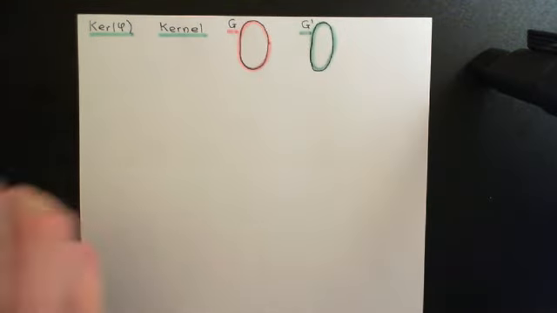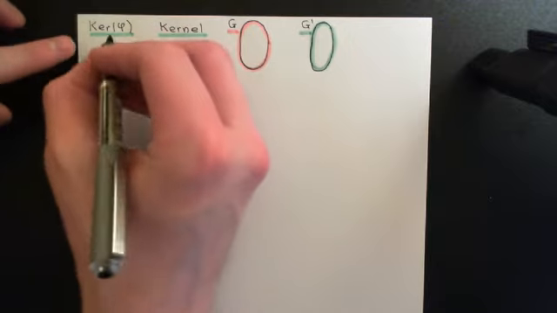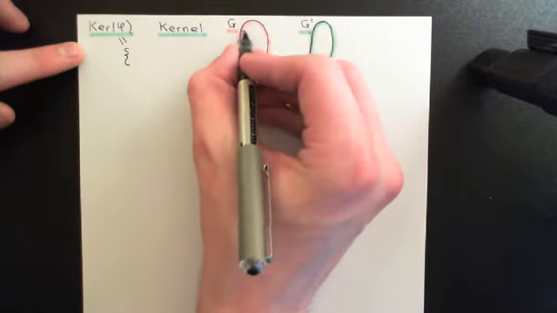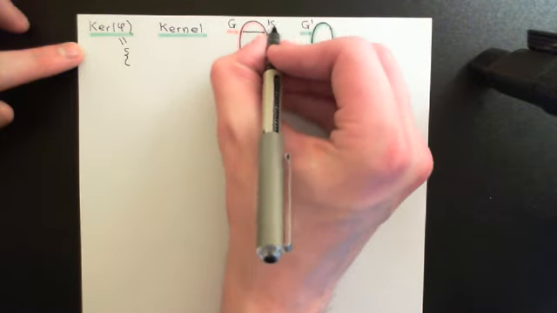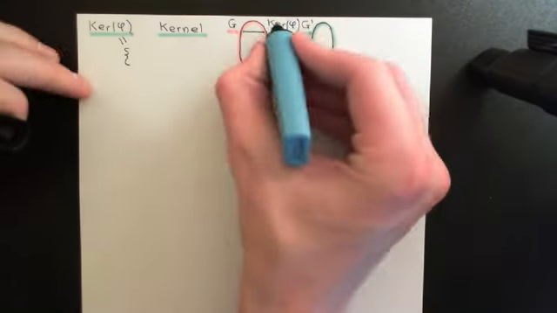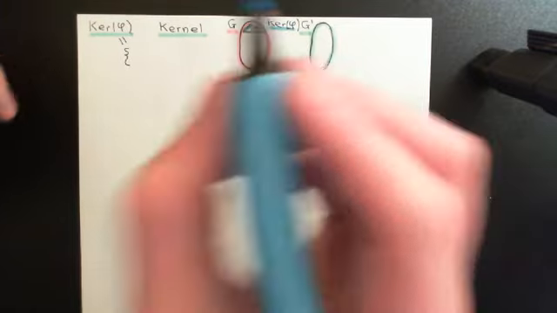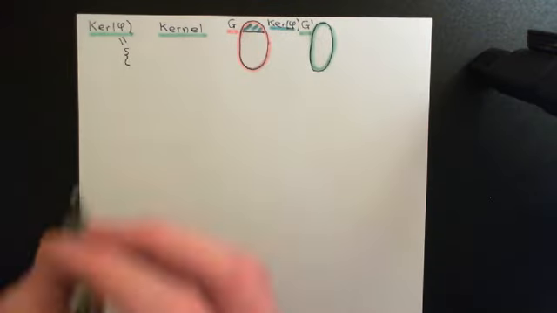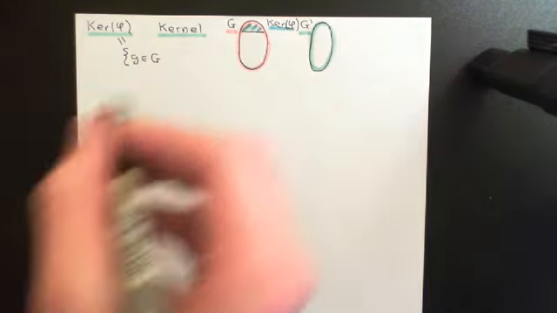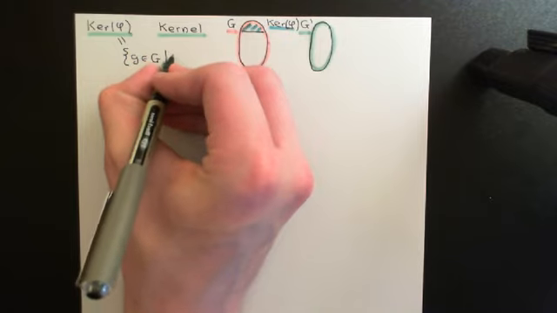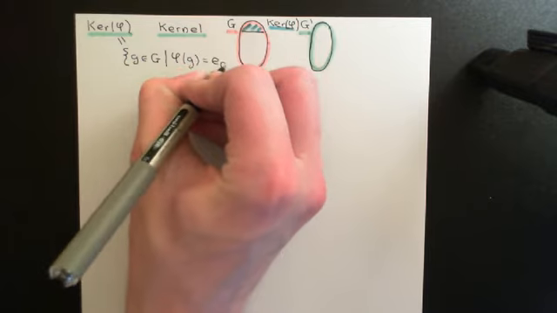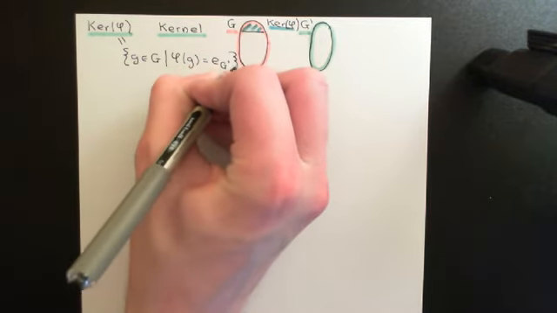Right. So here comes the definition of the kernel of a homomorphism. This is a subset of the domain group. Here is our subset of the domain group, which is going to be the kernel of the homomorphism. So I'll just color that in. This little portion here in blue is going to represent the kernel of the homomorphism, and it's the set of all things that are in the domain group, so all little g that are in the domain group, such that phi of little g is equal to the identity in the codomain group, capital G prime.